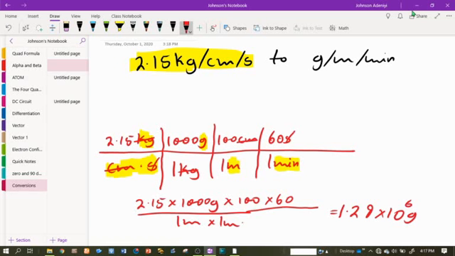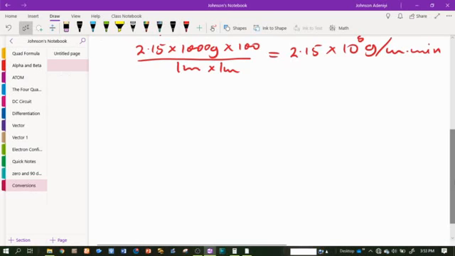This gram per meter per minute. So that is that.